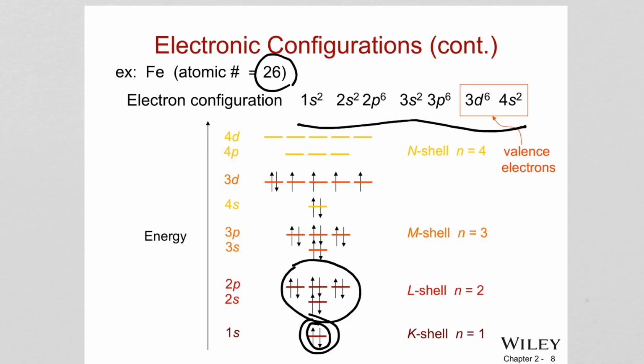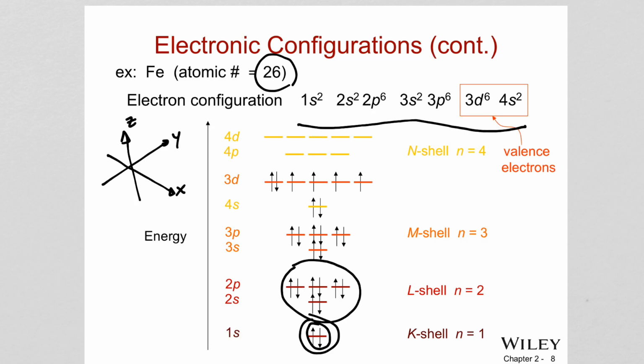If I try to draw the p orbital, p subshell, it is going to be, so if it's a z-axis, y-axis, and x-axis, right?